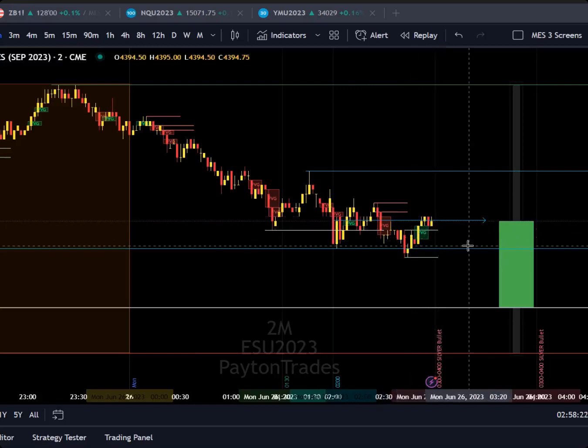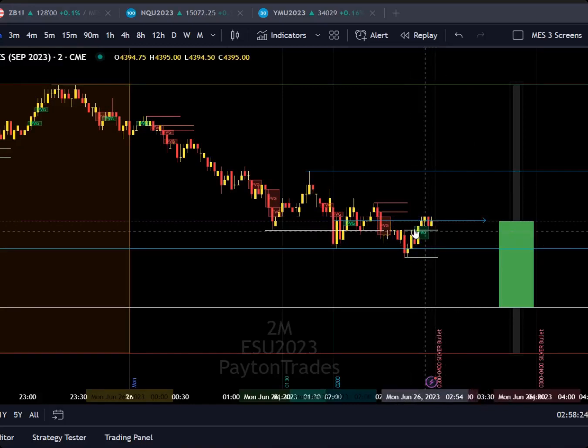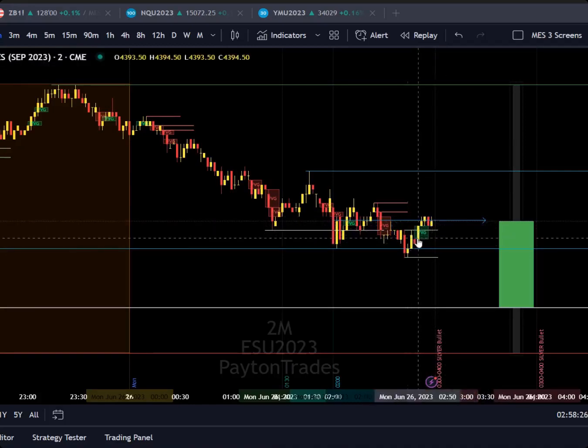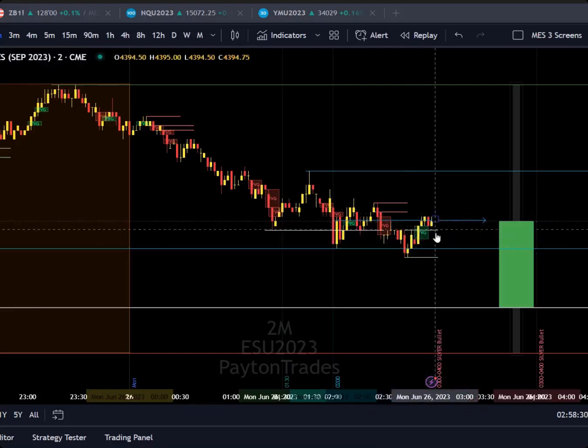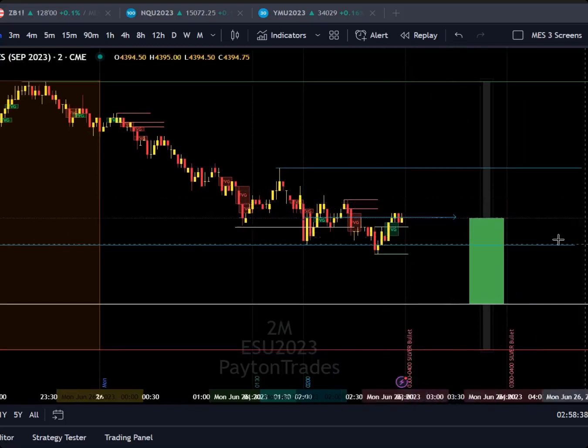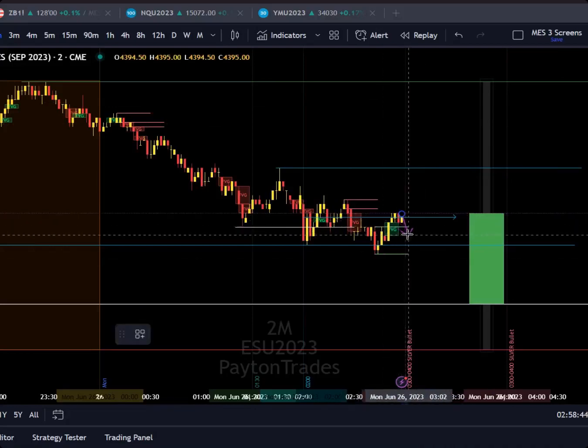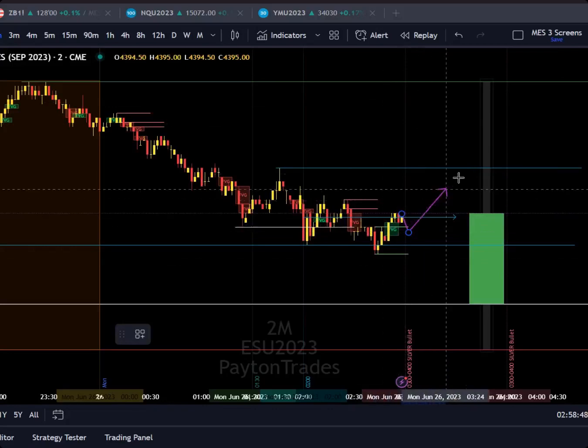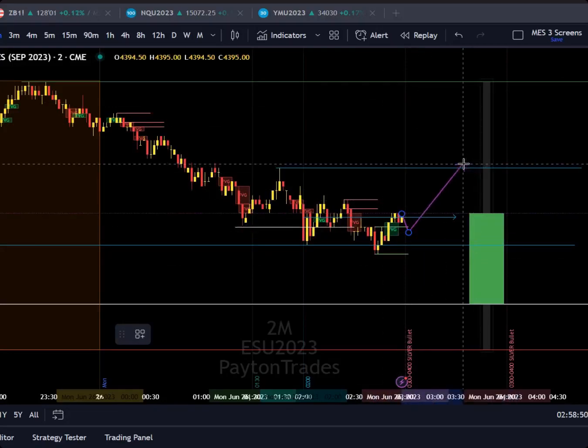So let's see what price does with this imbalance. This bullish fair value gap. It should trade down into it and then move higher if price wants to go higher, but that's what it's looking like. So I'm thinking price is going to come into this box, balance price, and then break this high.